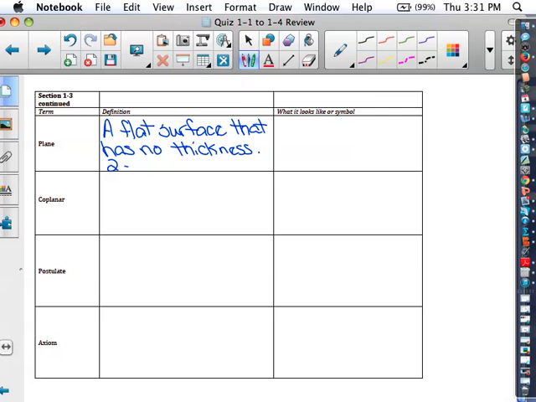So it's 2 dimensions. Okay, when we look at a plane, we need at least 3 non-collinear points to have a plane.